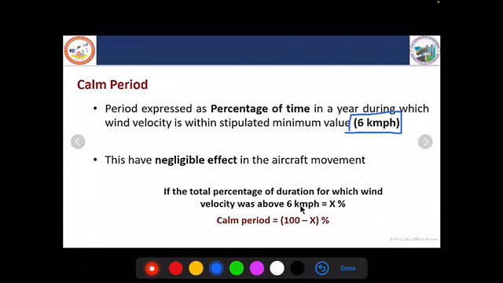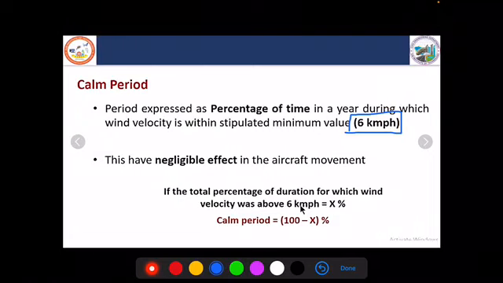If the velocity of wind is less than 6 kmph, it will not interfere with the landing and takeoff operation. So the calm period is the duration in the year where the velocity or intensity of the wind is less than 6 kmph, and it will not interfere with any landing and takeoff operation.